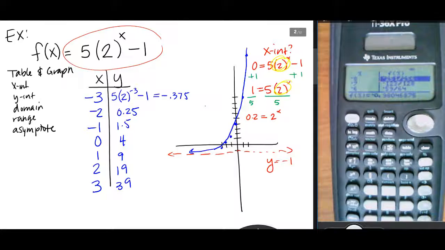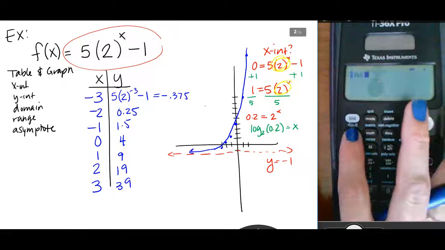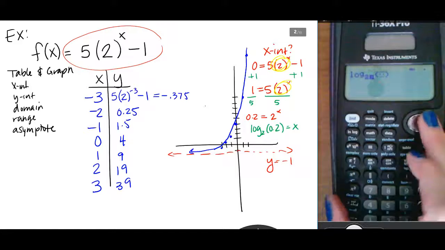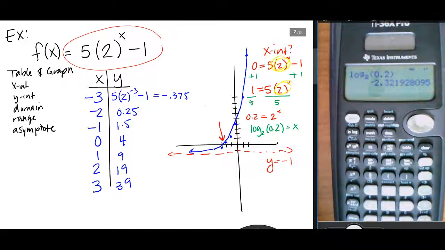And now is when we would rewrite this using that log thing we talked about. So log base 2 of 0.2 is equal to x. So we'll go in here and say, log base 2 of 0.2 tells me that this thing crosses, and we can kind of see it over here, at negative 2.32. Yeah, that's about where my drawing is. So my x-intercept is negative 2.32 comma 0-ish.